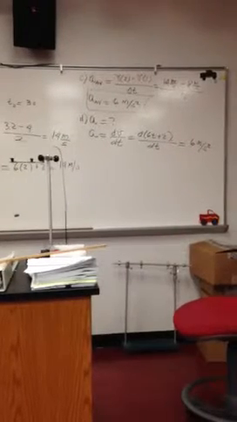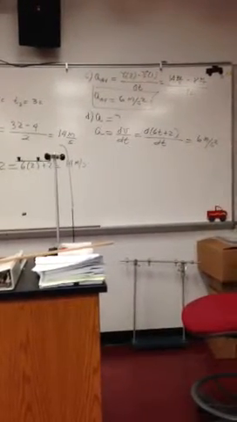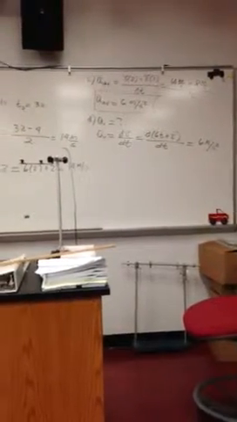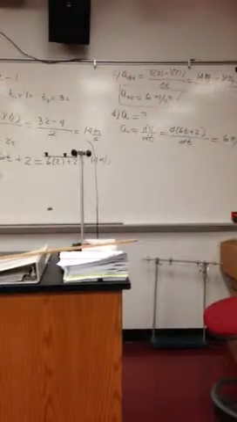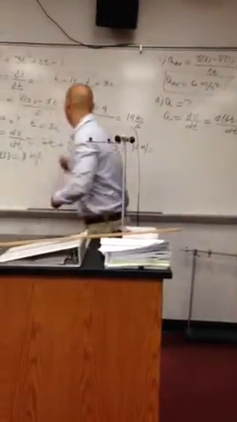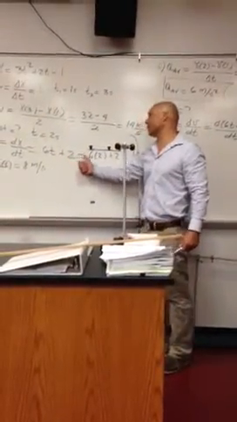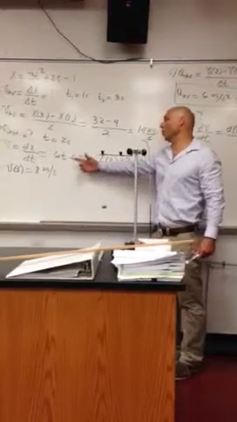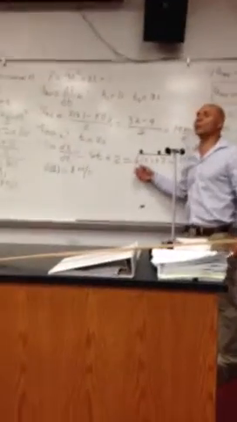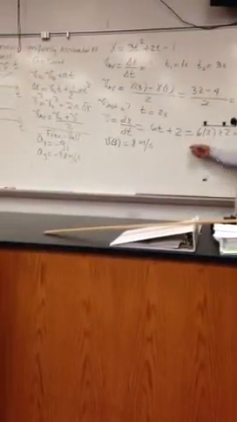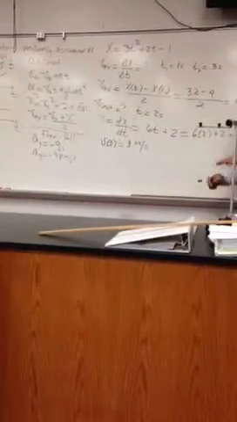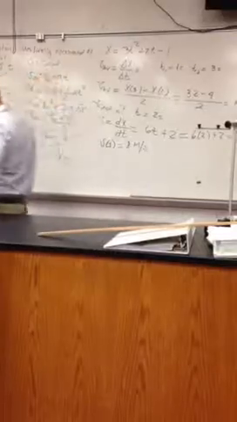And if we get the velocity equal to 0, what we get? 6t plus 2 equals 0, right? And we get t equal negative 1/3. It's possible? I mean, the time. If the velocity is 6t plus 2 equals 0, negative 2 over 6, negative 1/3. Is it possible? No. So there is no place where the velocity is a minimum.